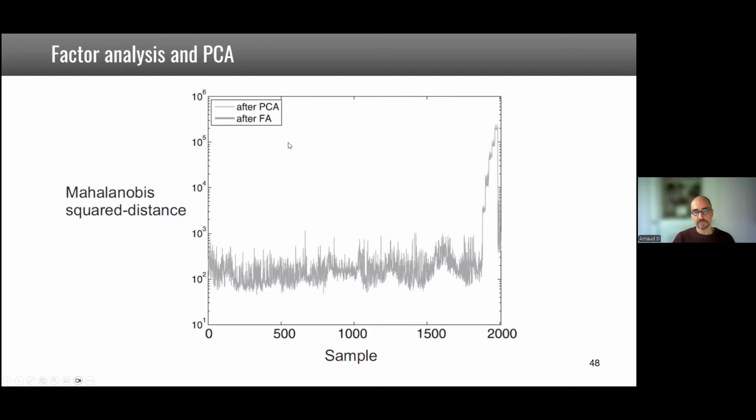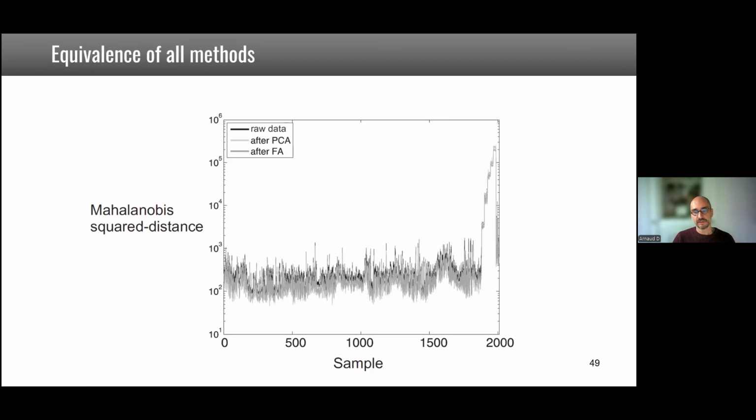This was between PCA and factor analysis, and this is compared to just doing this Mahalanobis squared distance approach that I explained. There is a very slight difference, but you can say that this is really identical. So it shows that there is an integrated view of all these linear techniques. And in this paper, I'm giving some insight on why and what is being done, what is the link between all these methods.